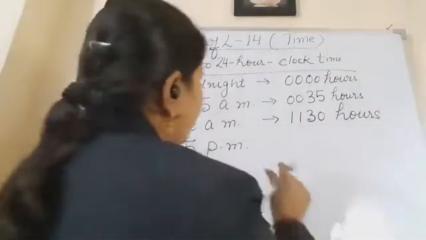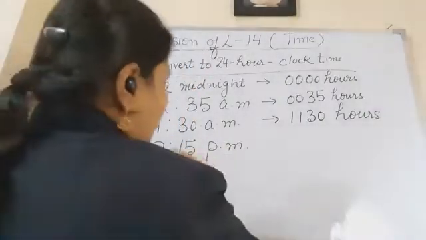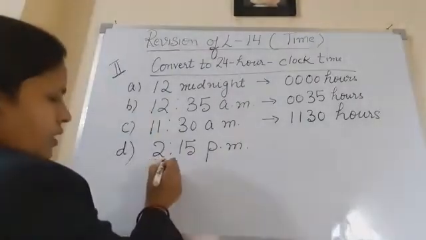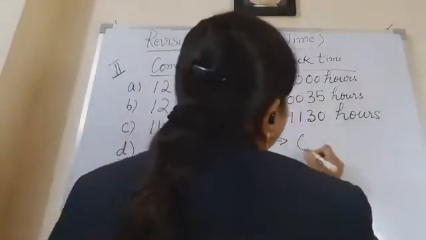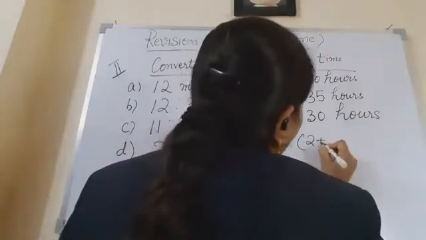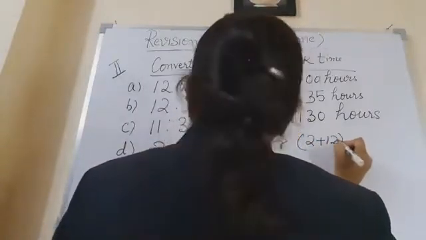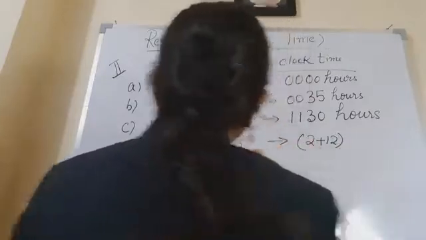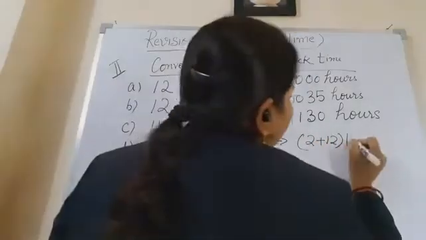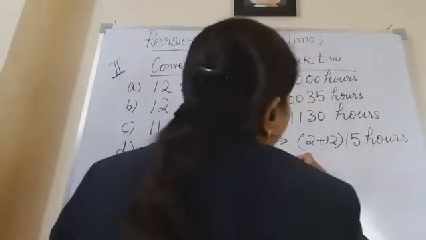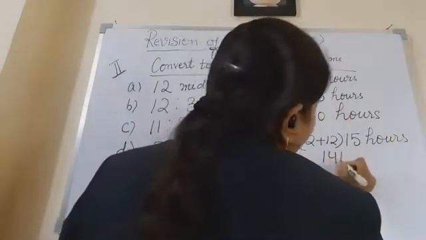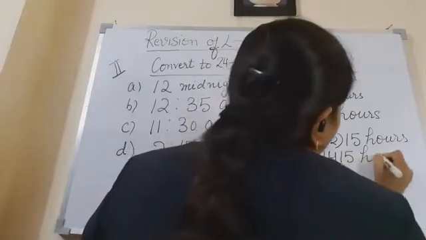So what you are going to do? If the time is in PM, what you are going to do? Whatever hour is given, so here it is 2, you are going to add 12 to this hour. Okay. And the minute is 15. So like this, our time in 24-hour clock will be 14:15 hours.